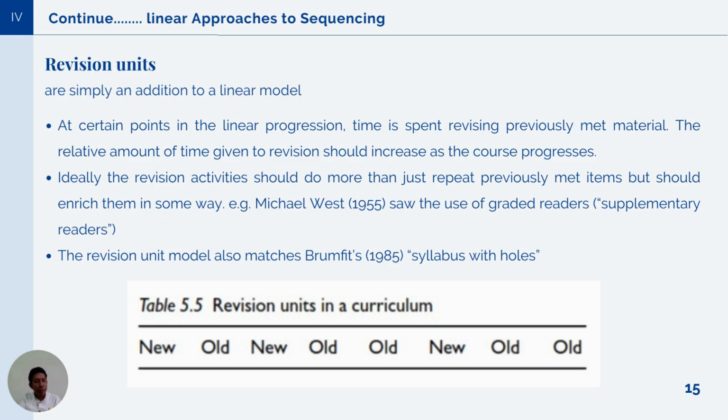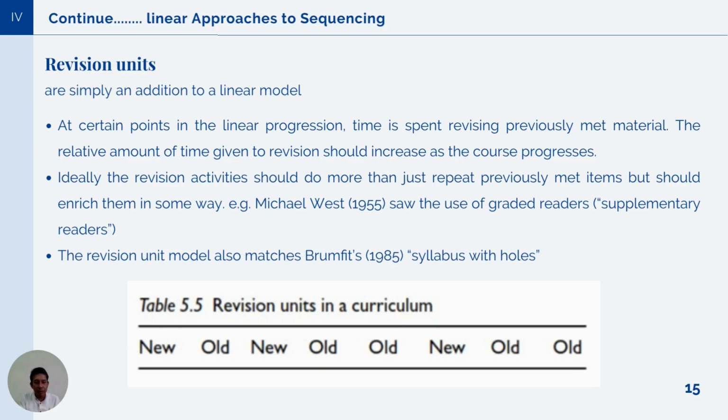The revision unit model also matches Brumfit's syllabus with holes. The revision models can be seen in the table. It is meant by Brumfit's syllabus with holes because in each part of the curriculum, there's also a space for the old item, for the previous item.